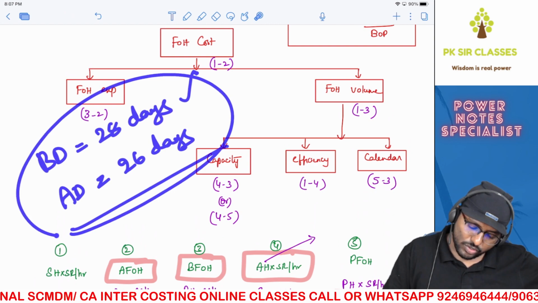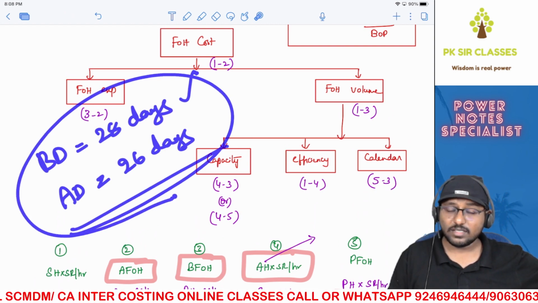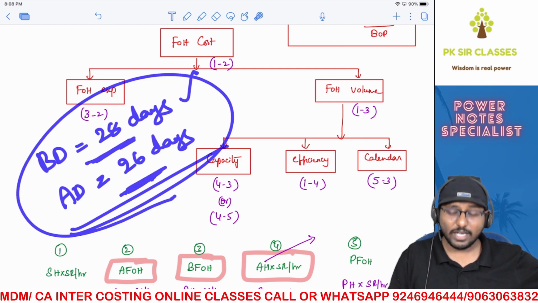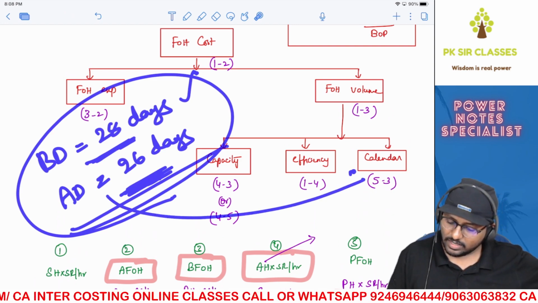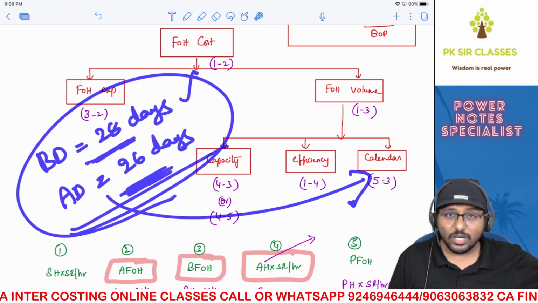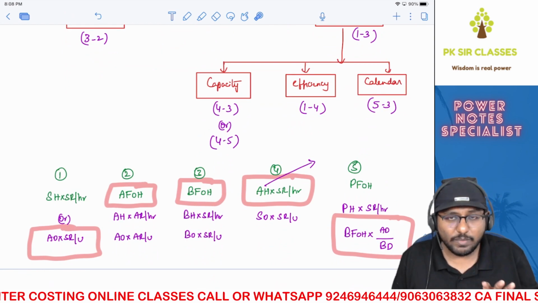Now tell me, because of this change, will it affect your volume? Yes. Because you thought you'll be working for 28 days, whereas you worked only for 26 days. Will it affect my volume? Yes. And this is nothing but calendar variance. Change in the number of calendar days that you work in your factory. I hope you understood the logic behind calendar variance.